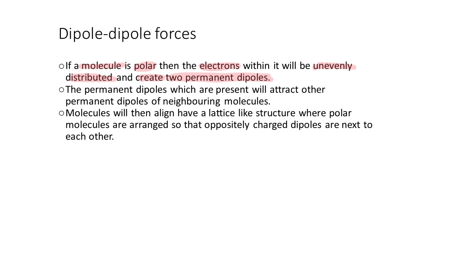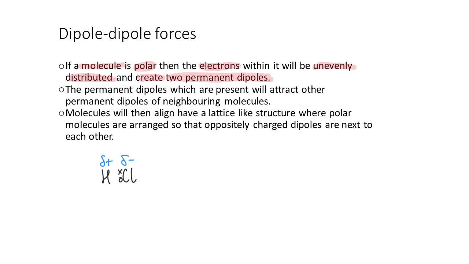So why are there permanent dipoles? Well, remember, if the molecule is polar, the electrons will be unevenly distributed all the time. If I have a look at HCl, we remember that the Cl is the negative end, this H is the positive end, and these electrons in the middle are generally going to be more closely aligned with that Cl.